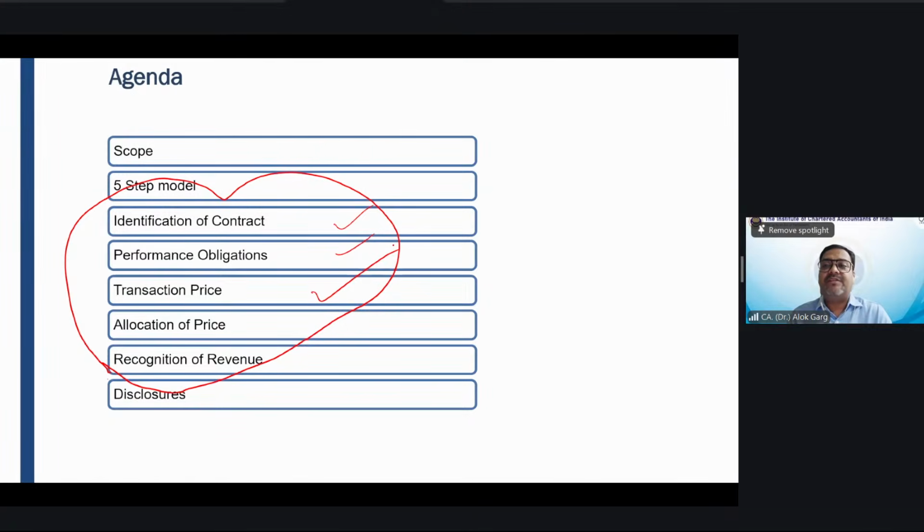When I say best estimate and judgment, it means the revenue recognized by the entity in the form of variable consideration should not have a high chance of reversal.